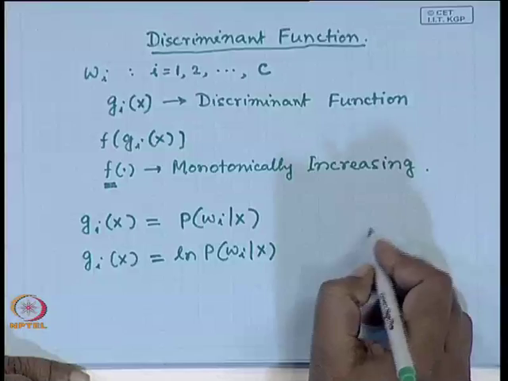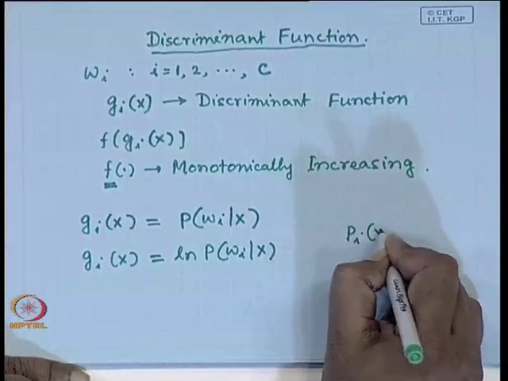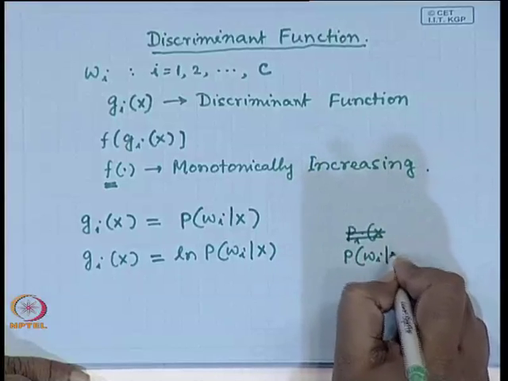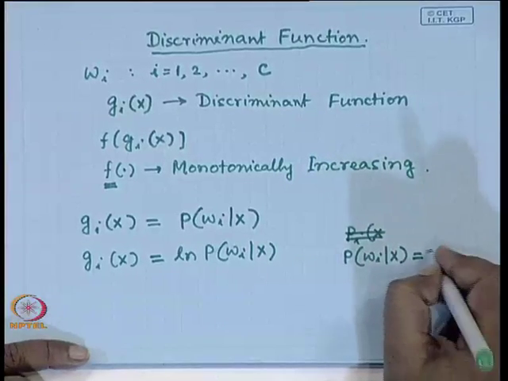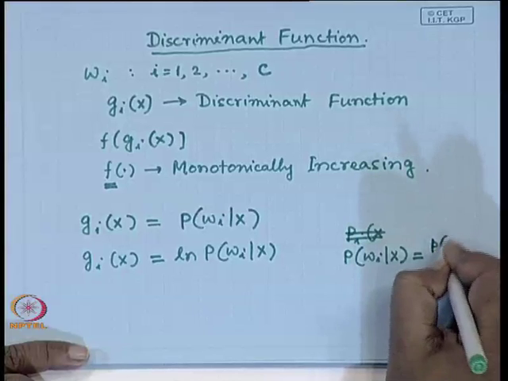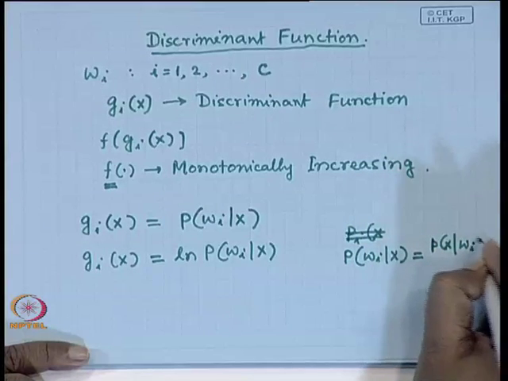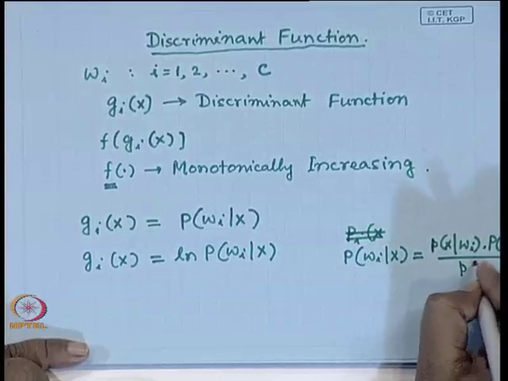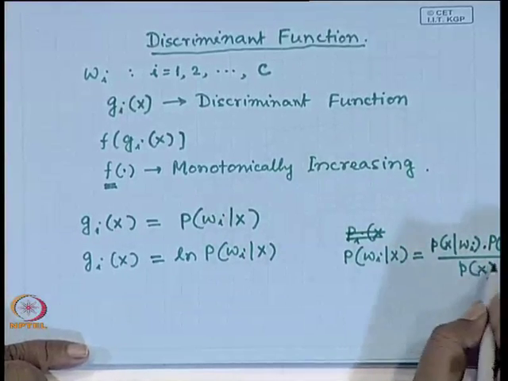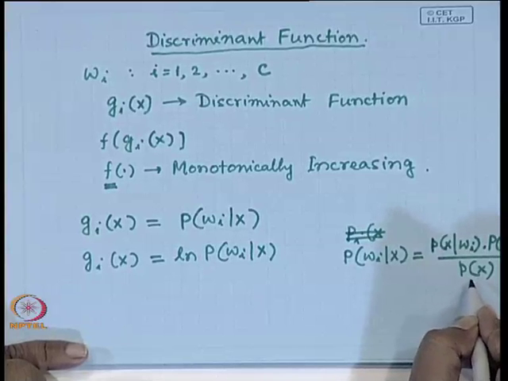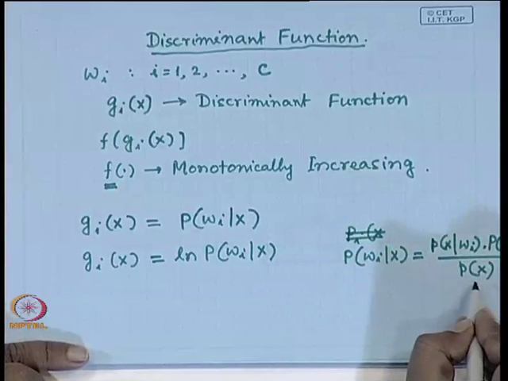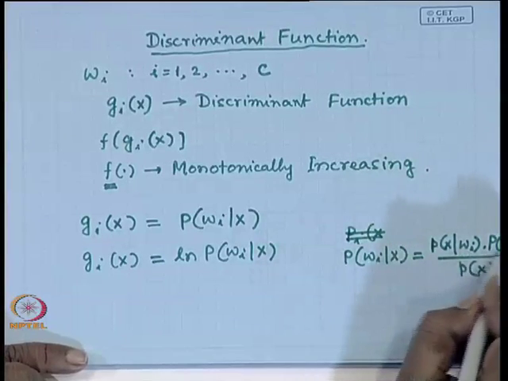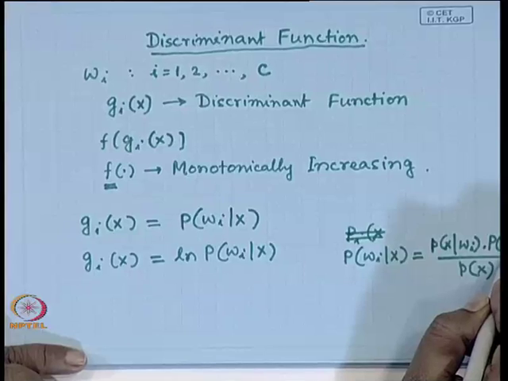Because p of omega_i given x is nothing but p of x given omega_i into p of omega_i upon p of x, where we said that p of x we can remove, because for every value of i, p of x will always appear in the denominator. So, that does not really give you any discriminating power. So, I simply put p of x given omega_i into p of omega_i.